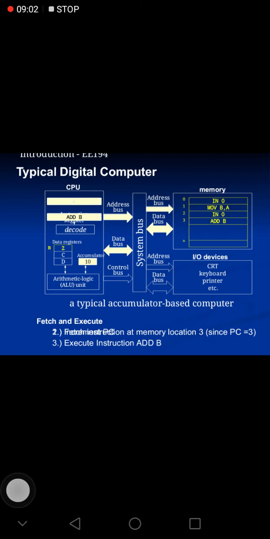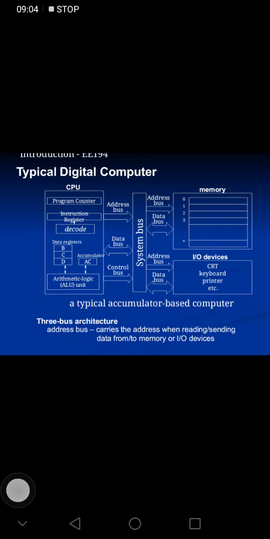So we have here the three bus architecture. The address bus carries the address when reading or sending data to memory or input or output devices. That is the address bus.